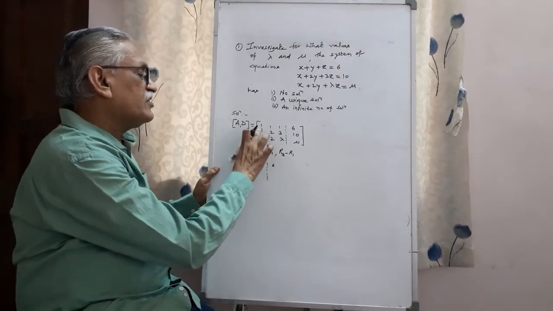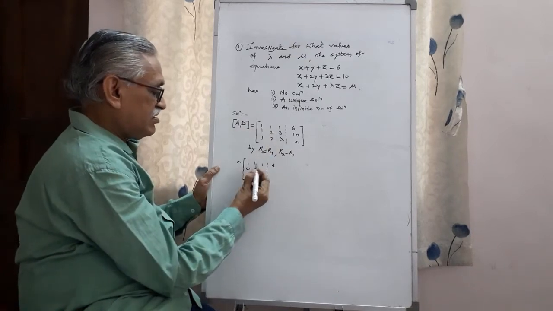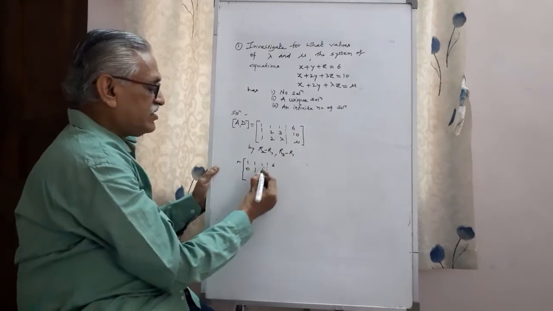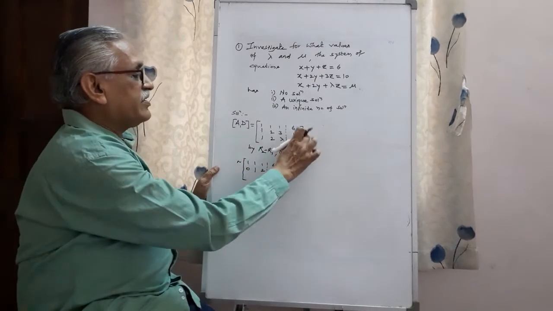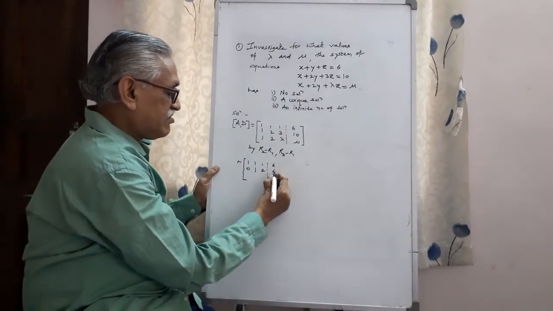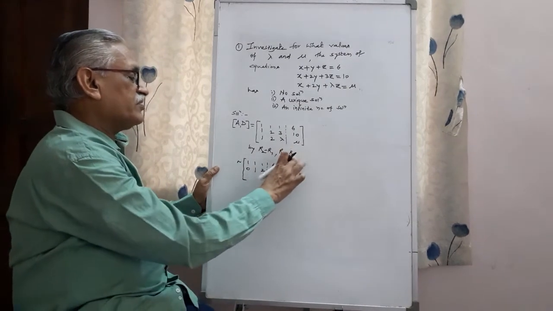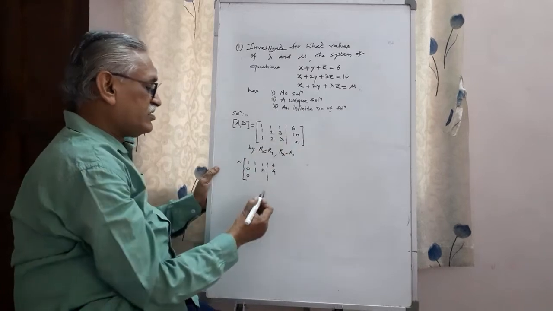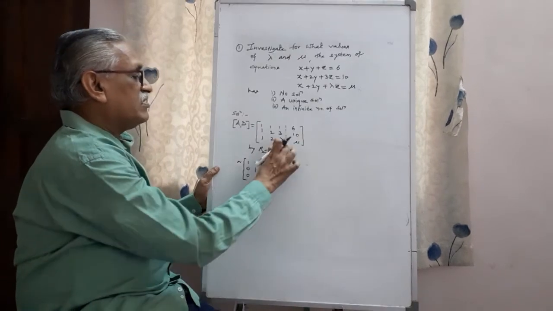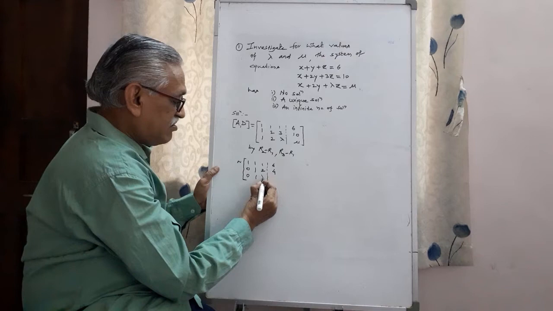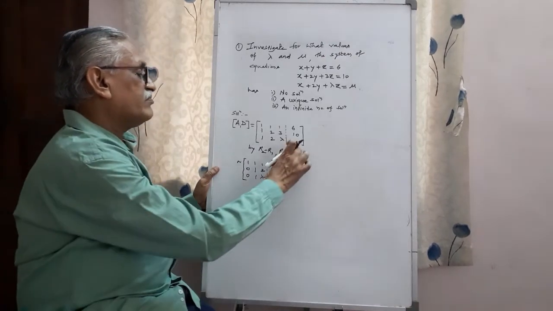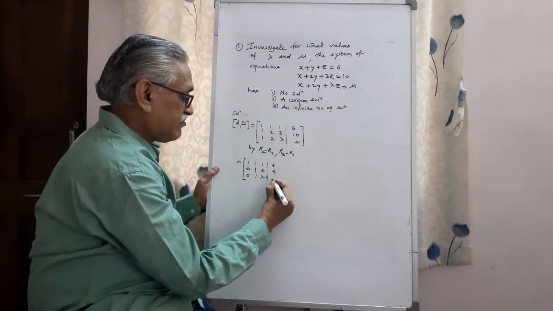Changes in second and third. 1 minus 1 0, 2 minus 1, 3 minus 1 and 10 minus 6. Then 1 minus 1, 2 minus 1, lambda minus 1 and mu minus 6.